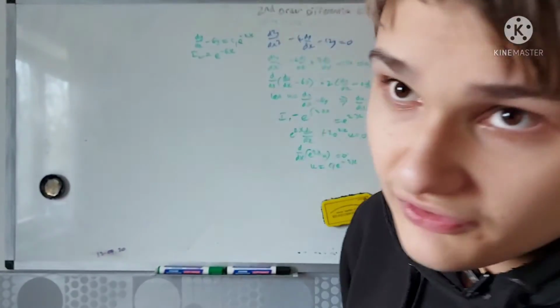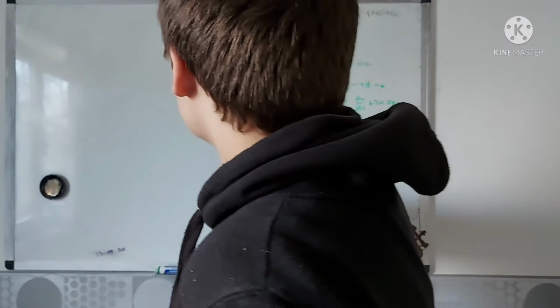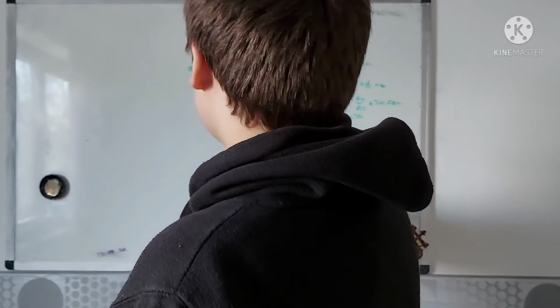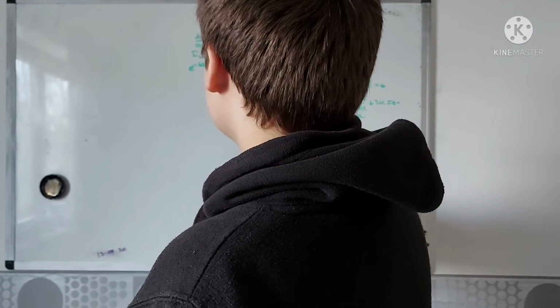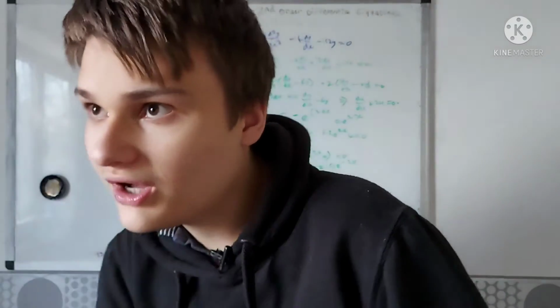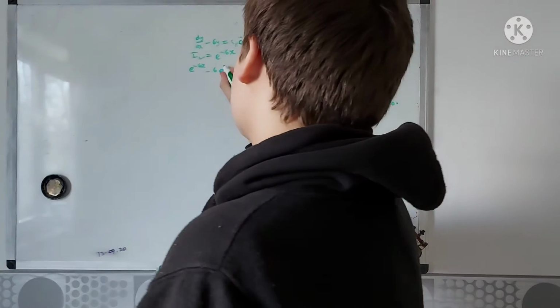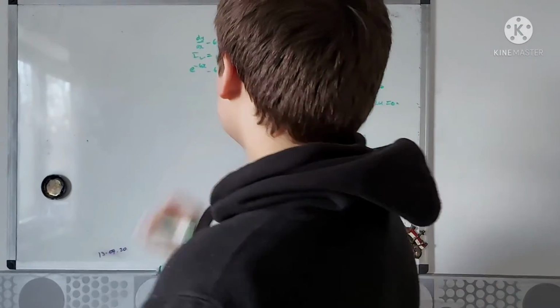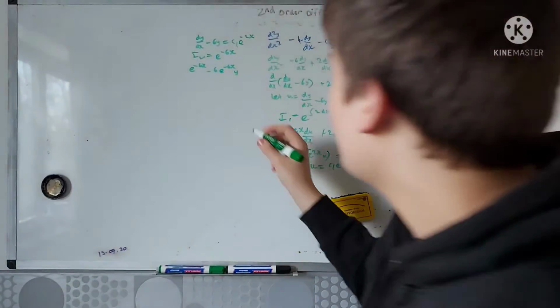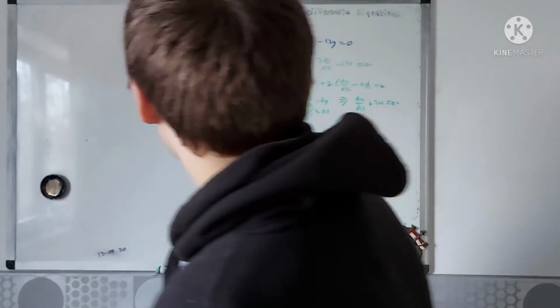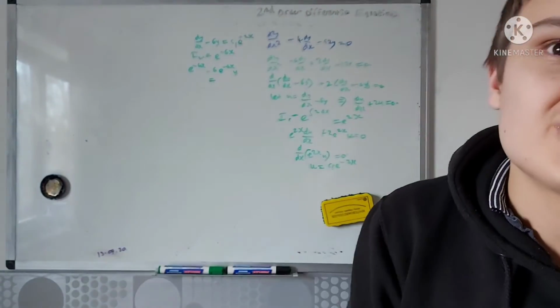So we'll multiply through the differential equation by e to the minus 6x. That gives us e to the minus 6x dy by dx minus 6 e to the minus 6x multiplied by y, and then we put that equal to the right hand side, which was c1 e to the minus 2x.